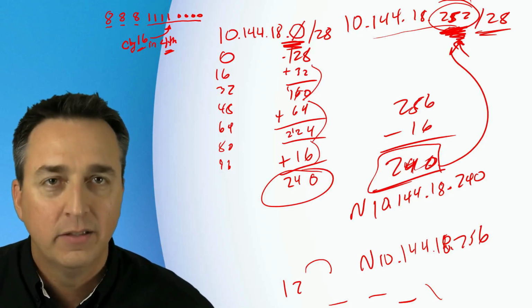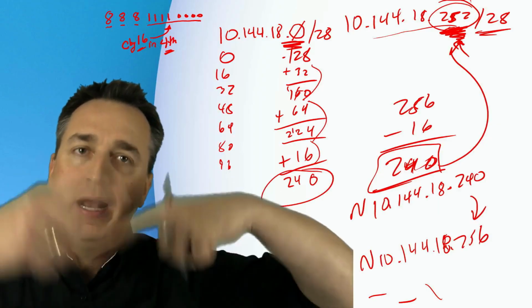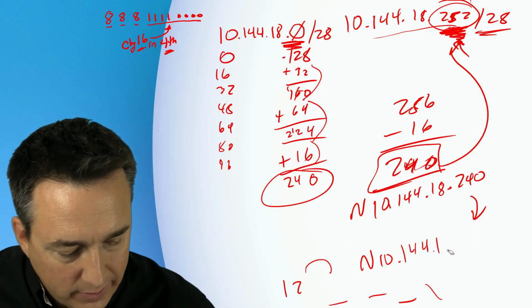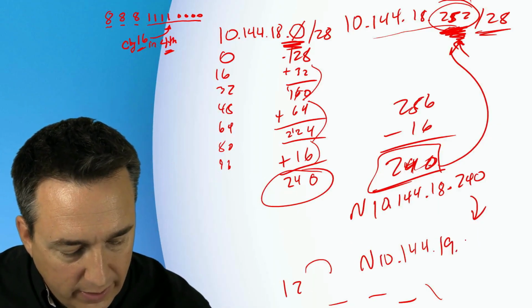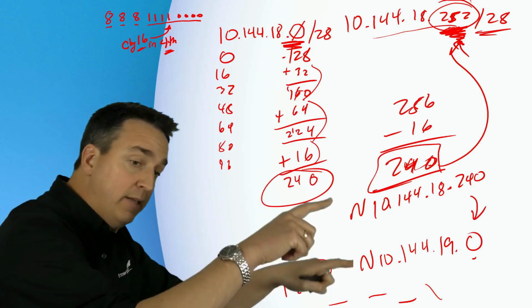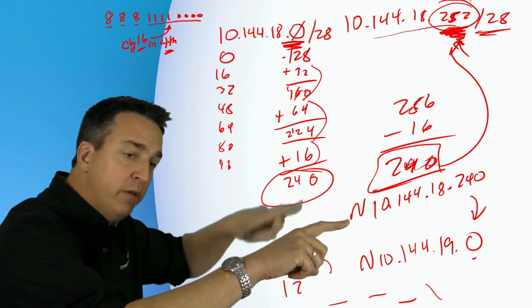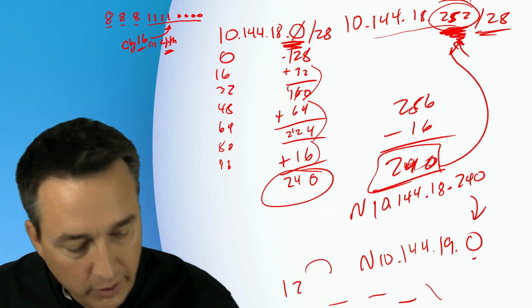Wait, you can't do that, right? If I add 16, it's 256. No, right? Now your odometer has to switch. So what happens here is 18 becomes 19, and this becomes 0. So that's the next network ID. So the next network ID is 10.144.19.0/28.